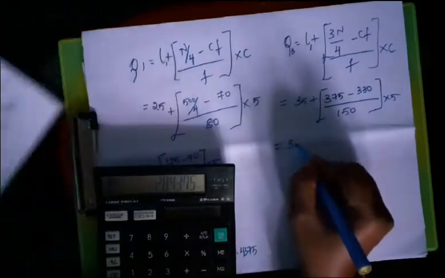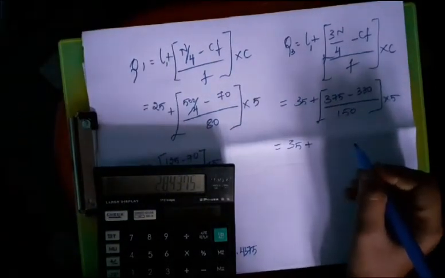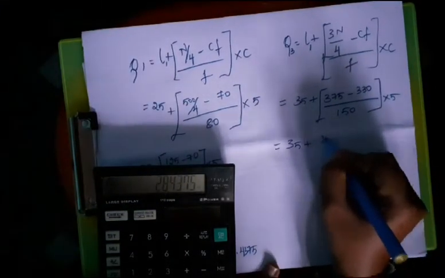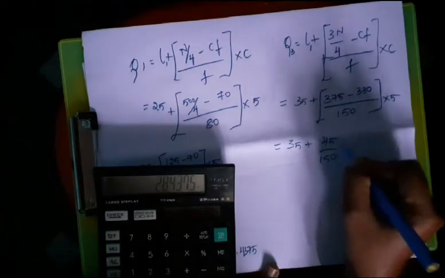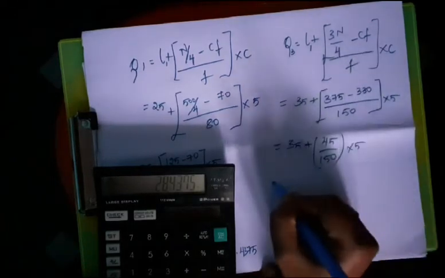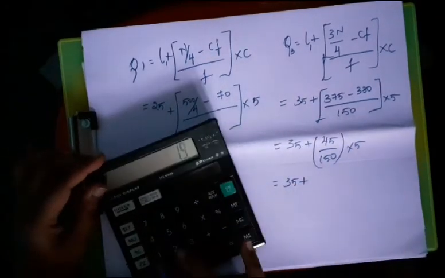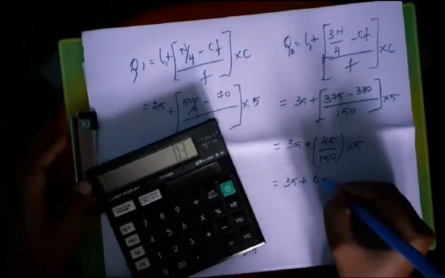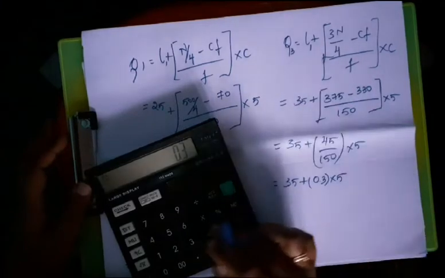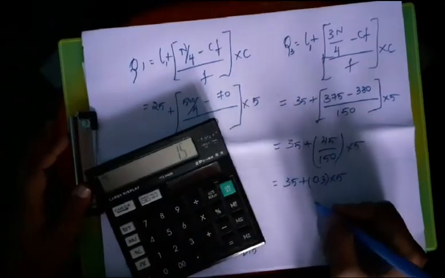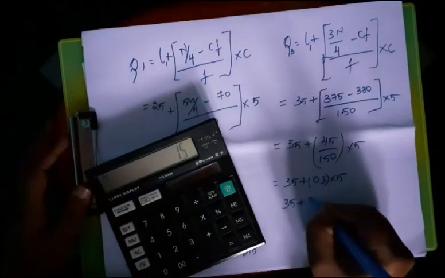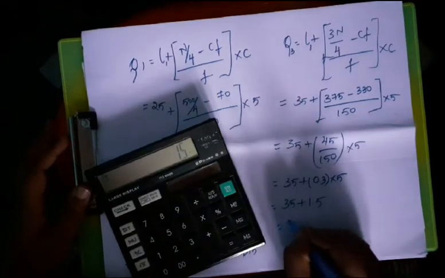So 35 plus 375 minus 330, you will get 45 by 150 into 5. 45 divided by 150 is 0.3, and 0.3 into 5 is 1.5. So 35 plus 1.5 is 36.5.